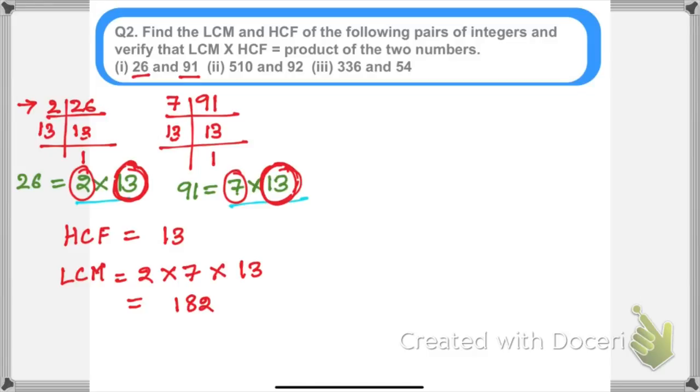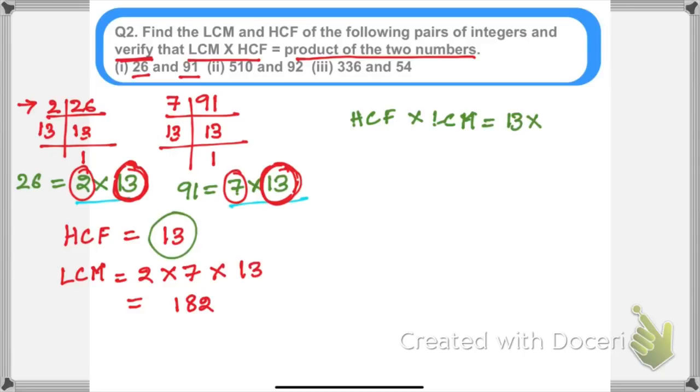Now we also have to verify that LCM into HCF is equal to the product of the two numbers. We need to verify that thing, so we will verify that. Okay, so here HCF into LCM will be equal to HCF we got here as 13 and LCM we got here as 182.